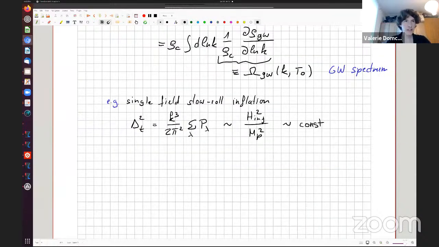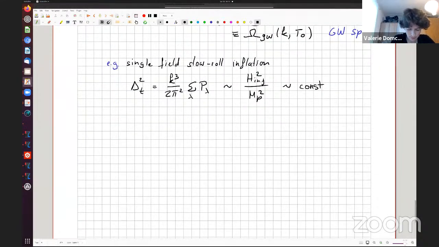Okay, so let's do the computation. What we want to compute is this Omega today, so index 0. We take the formula from above, and we plug in this expression here for the power spectrum.